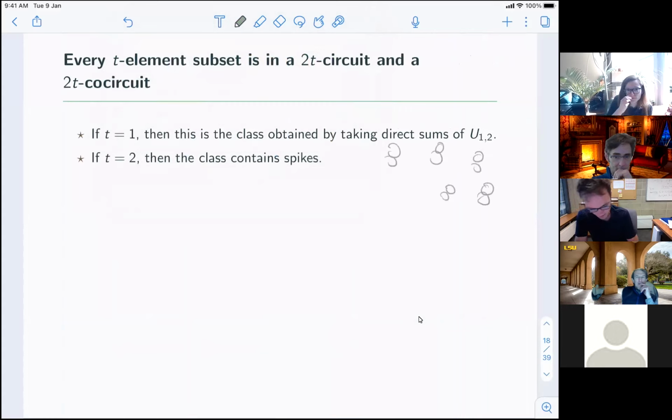We've already seen that. Every one-element set is in a 2-circuit, and every one-element set is in a 2-co-circuit. So that's what the class consists of. What about if T equals 2? Well, then the class contains spikes.